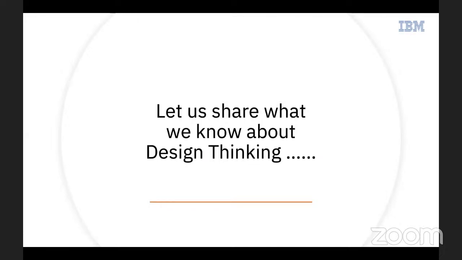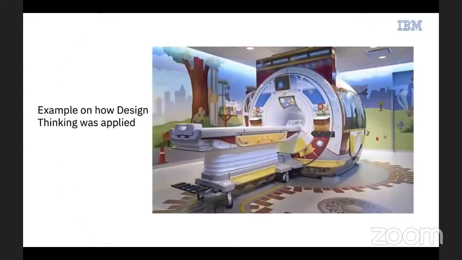Okay. I'm going to make your life easier. I'm just going to start with design thinking. So you can see this picture. It's an MRI machine. MRI machines are usually used to provide an analysis of how your body organs are functioning.